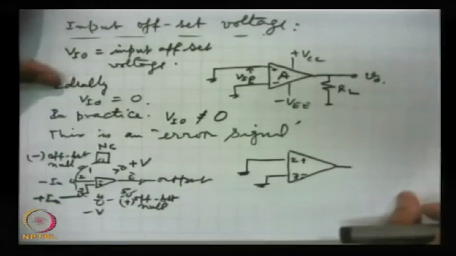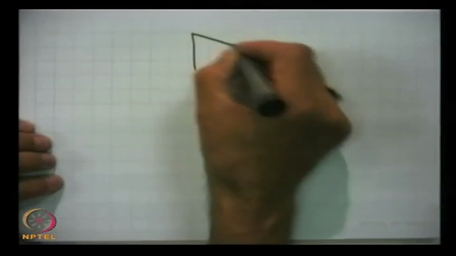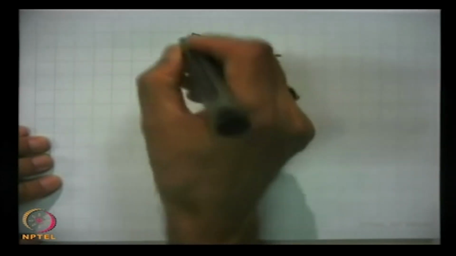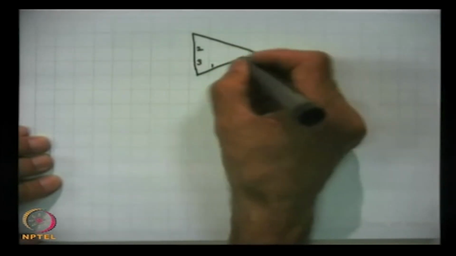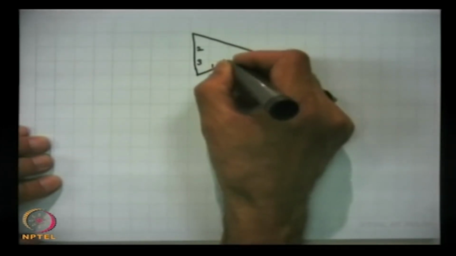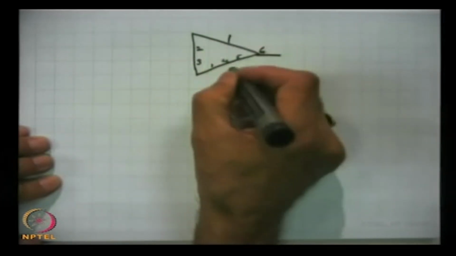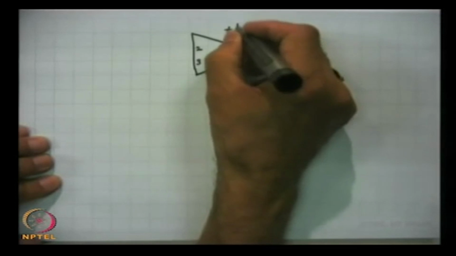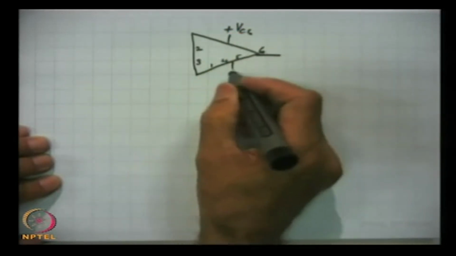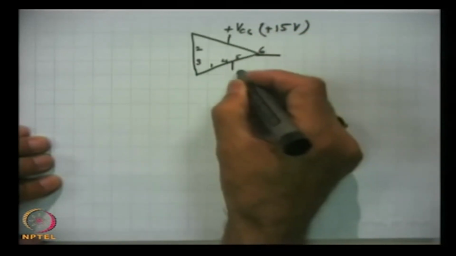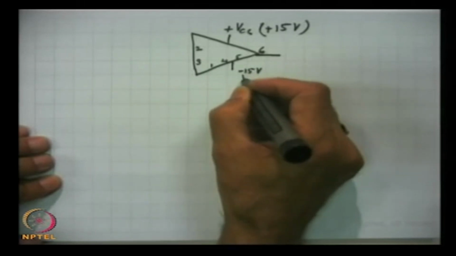I draw this figure again. This is 15 volts normally, and this is minus 15 volts, this is VEE.